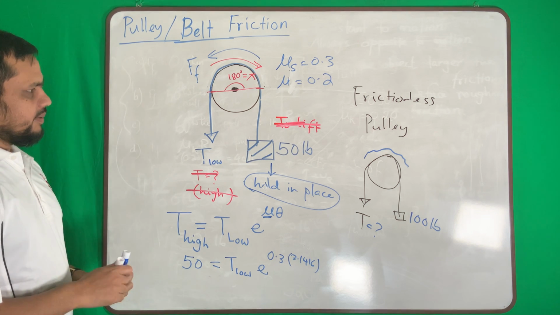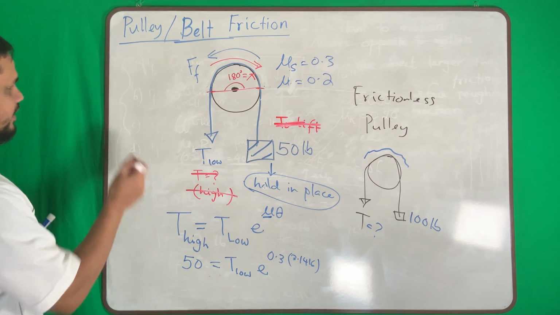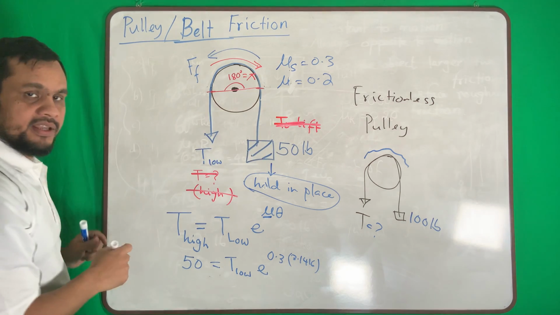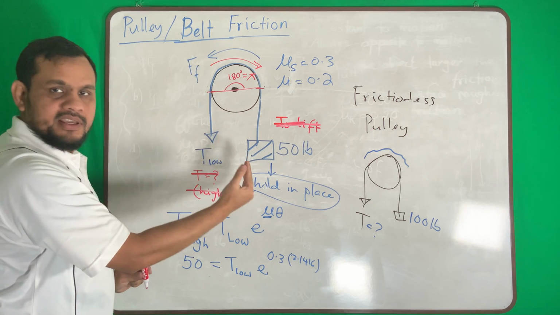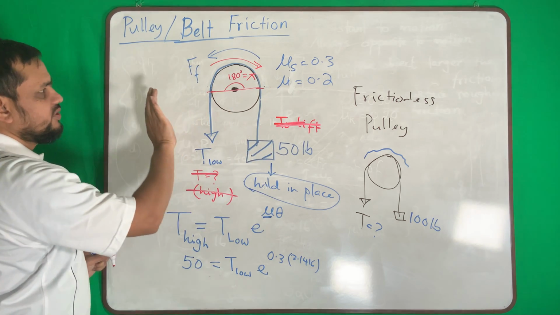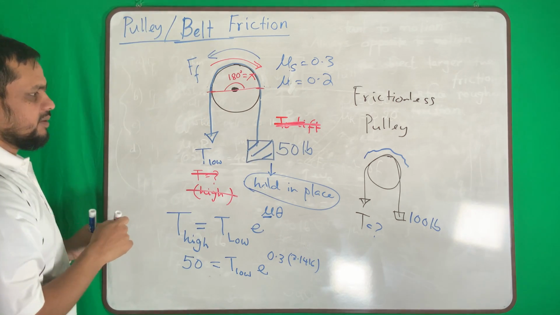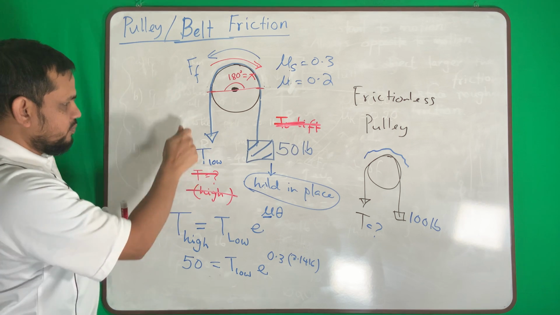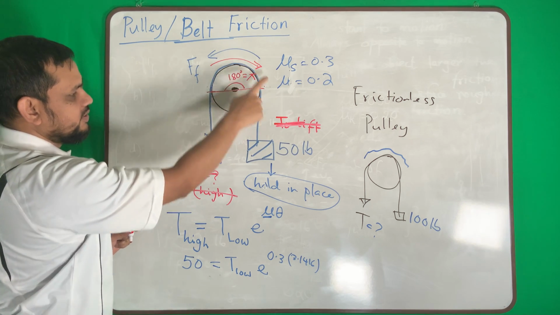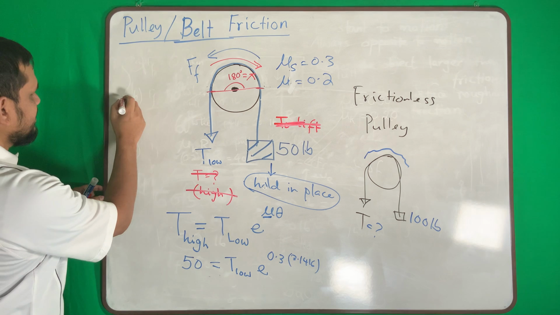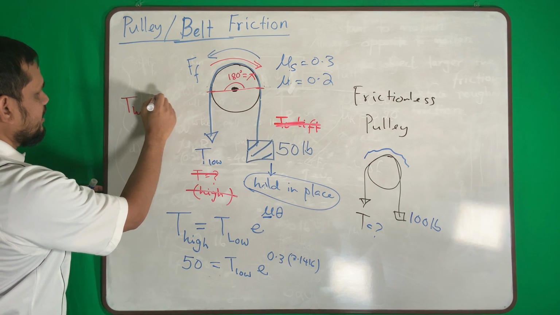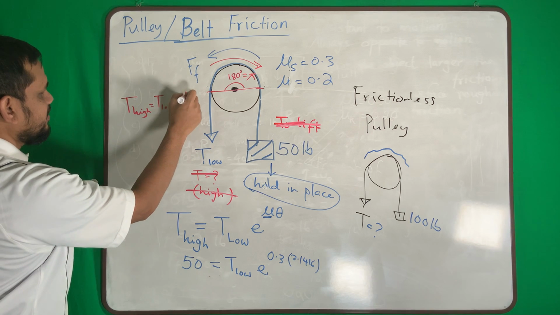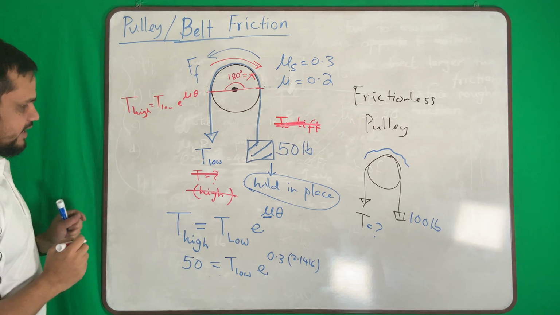Now the same problem, the red one. If I want to lift it, my frictional force will be that way. That means I need to pull it, I need to exceed that friction and this. In that case, T high equals T low e to the power mu theta.